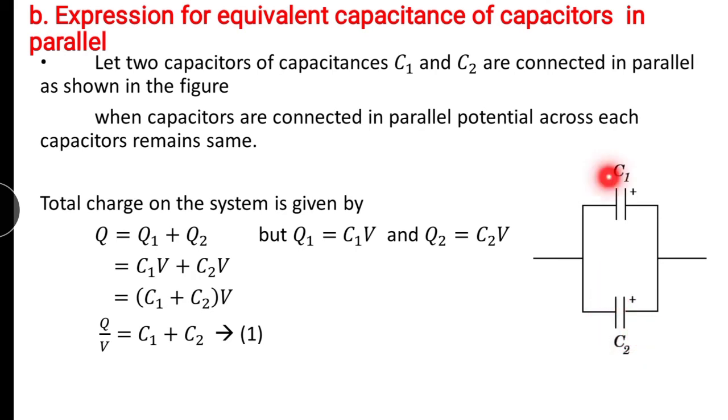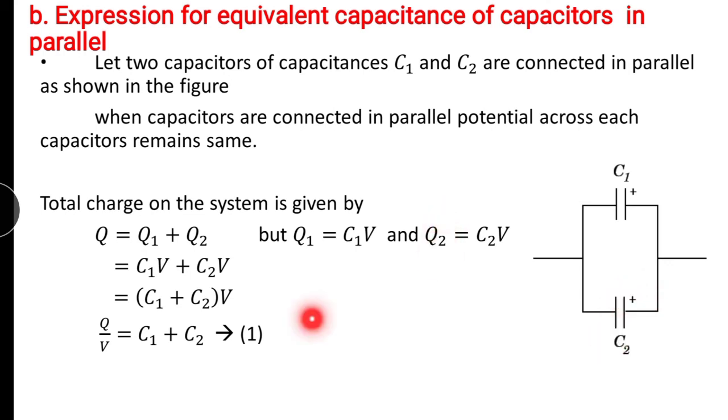So the potential across this capacitor is V and across this capacitor is also V. But the charge stored by the capacitors will be different. C1 is the capacitance of a capacitor which stores the charge Q1, and the C2 capacitor is storing the charge Q2.